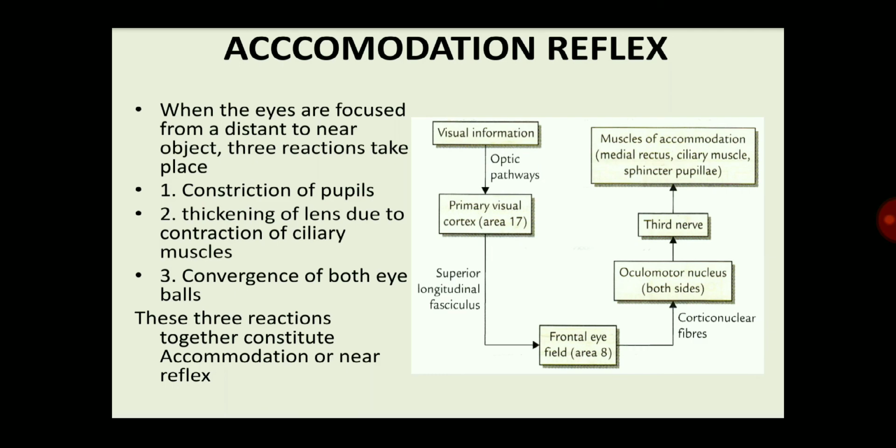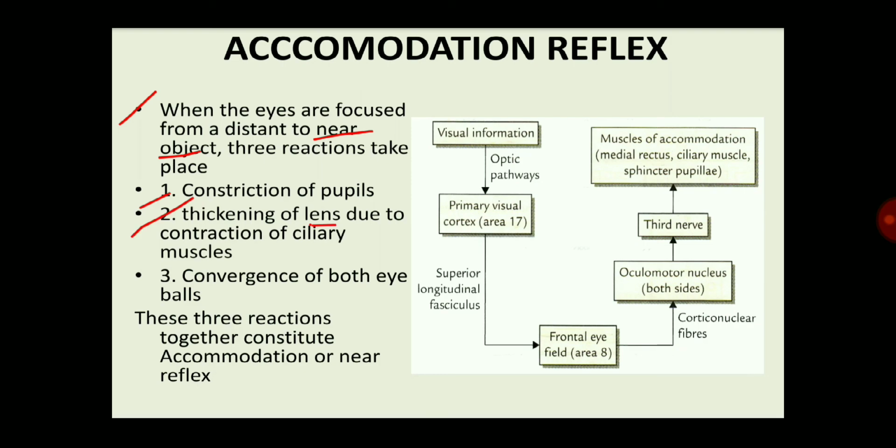Now come to the accommodation reflex. What is the accommodation reflex? It is when the eyes are focused from a distant to a near object. If we try to look at this near object, there occur three reactions. One is constriction of the pupil.